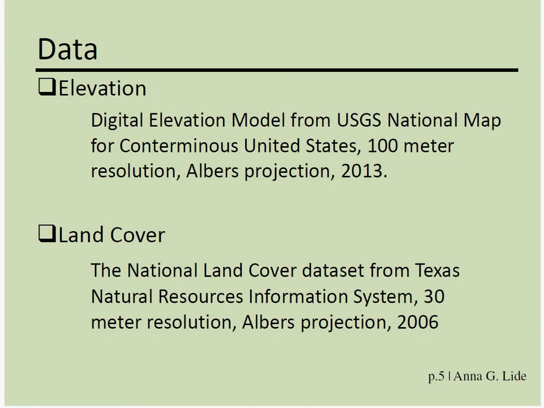The data used in the project came from the USGS National Map; a 100-meter resolution digital elevation model provided the elevation values. A 30-meter resolution raster dataset of land cover was obtained from TNRIS.